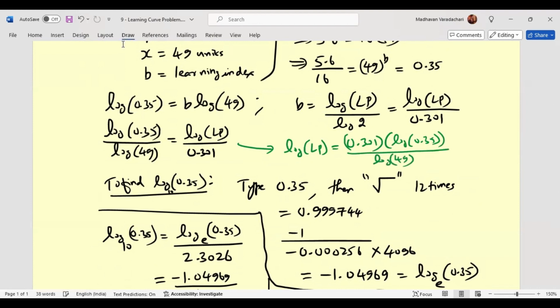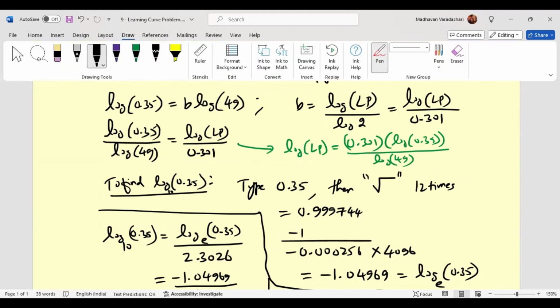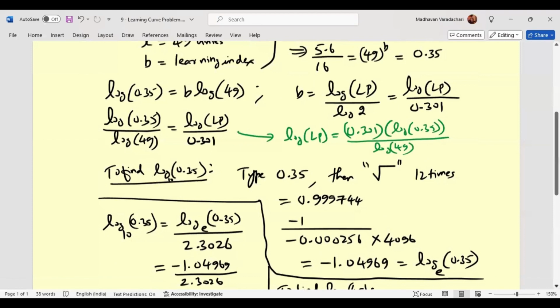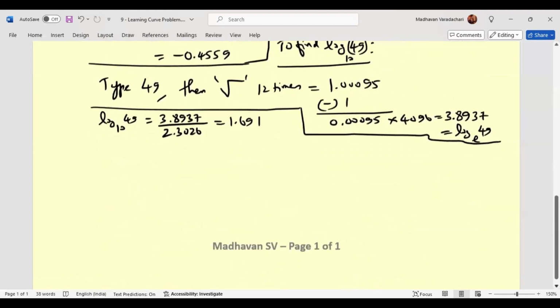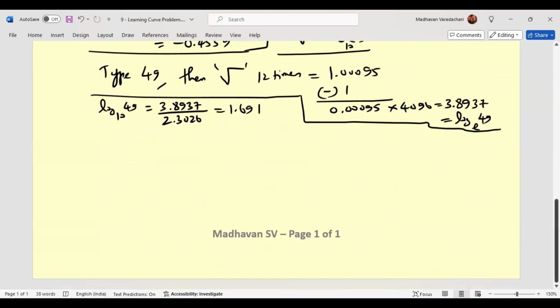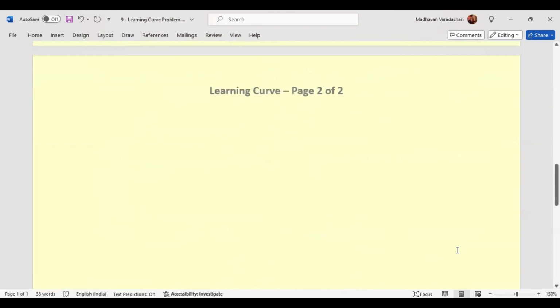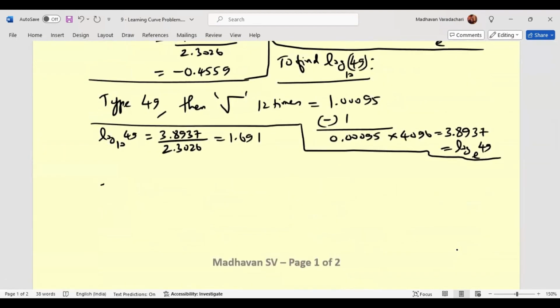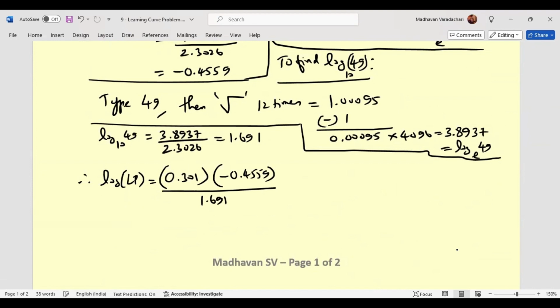So we will apply that now to find out what is logarithm of learning percentage. Therefore, logarithm of learning percentage is equal to 0.301 multiplied by negative 0.4559 divided by 1.691.